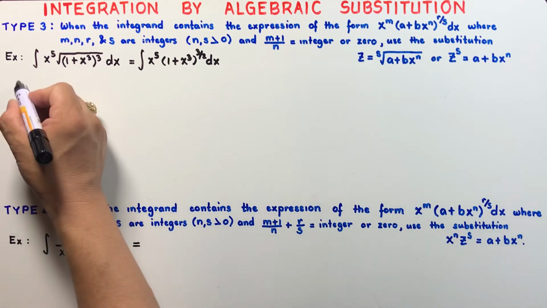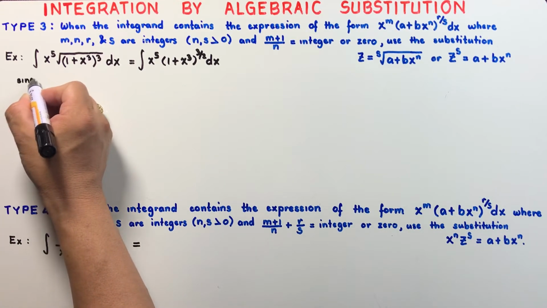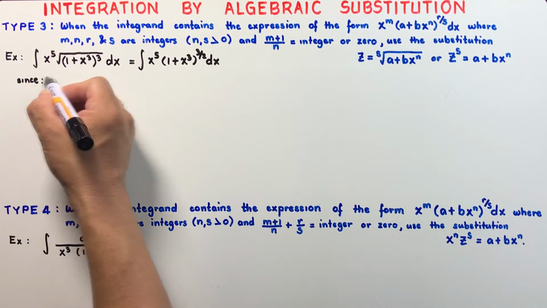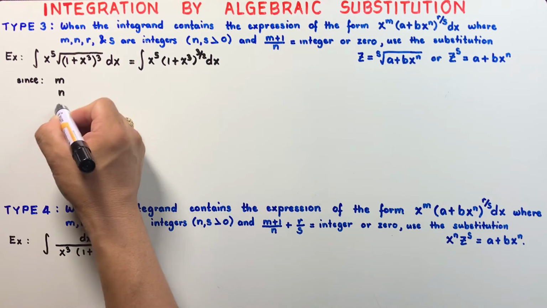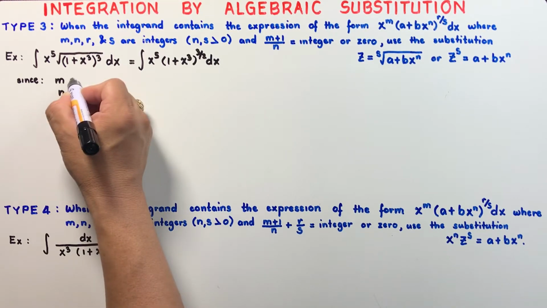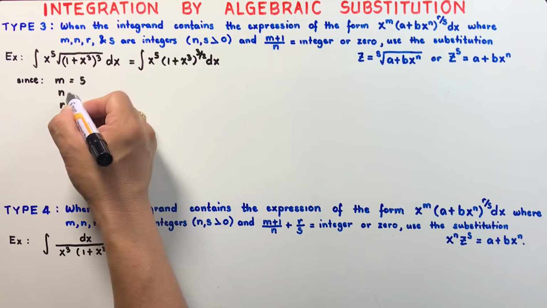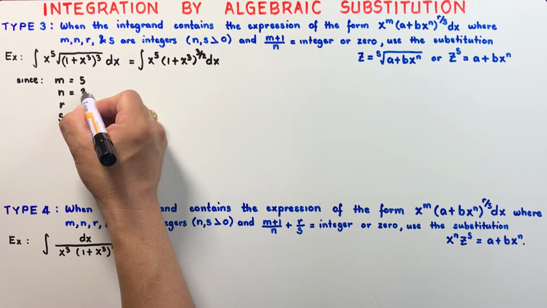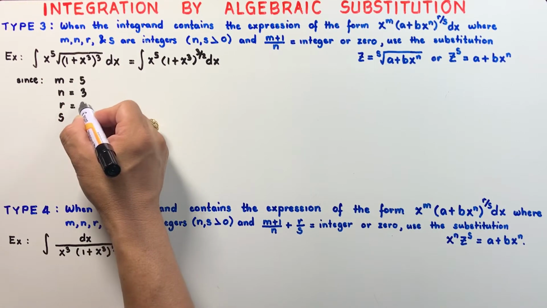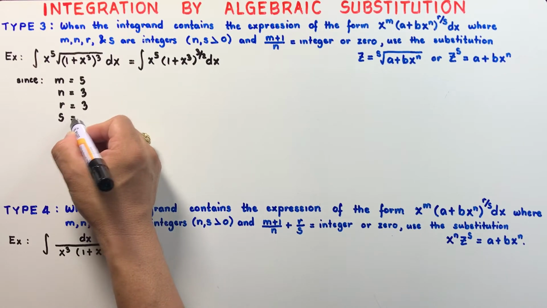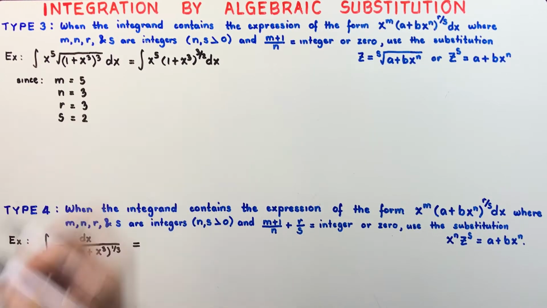With that form, we can identify the values of our m, n, r, and s. Our m is 5, our n is 3, and our r is also 3, with s equal to 2.